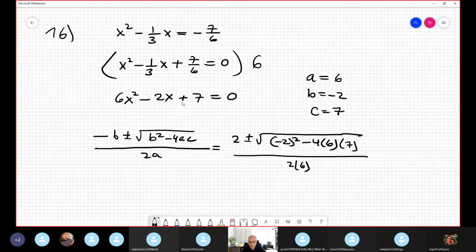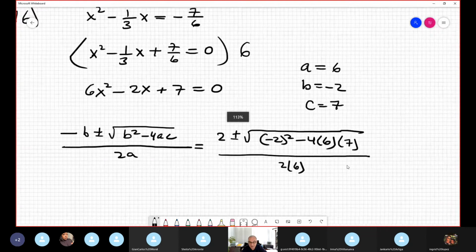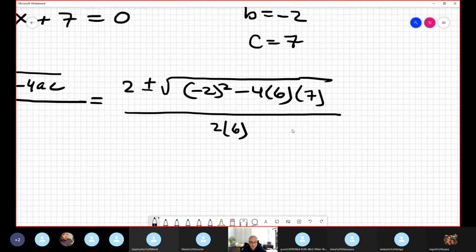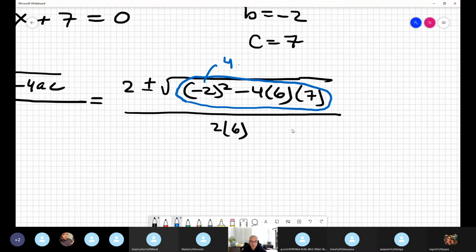Okay, as always, I compute first the discriminant, which is the expression inside the radical. You know that I always make a zoom and put it in blue color. When you solve this, you remember this picture. This is 4. This is minus, wow, minus something.